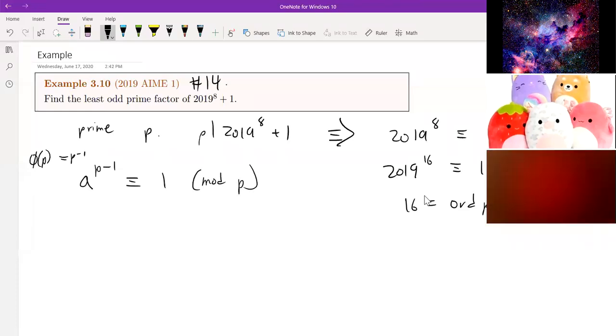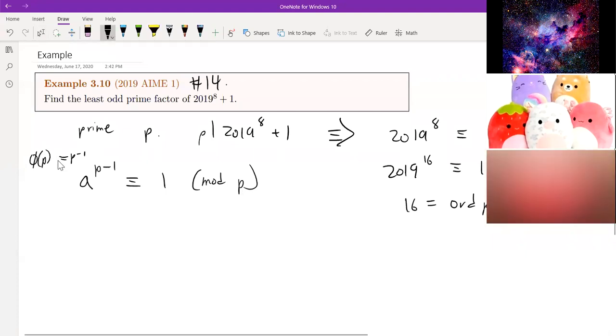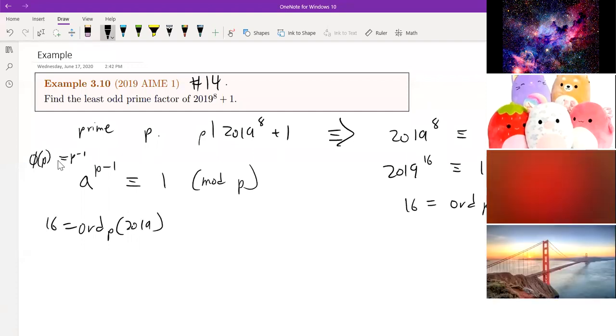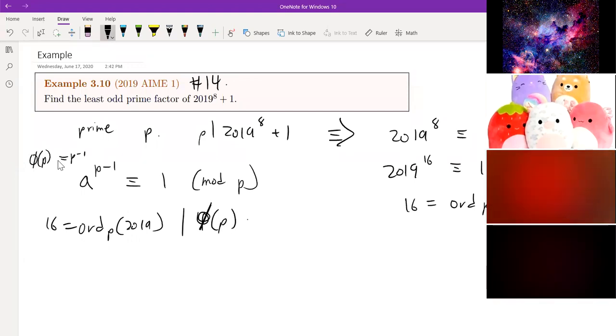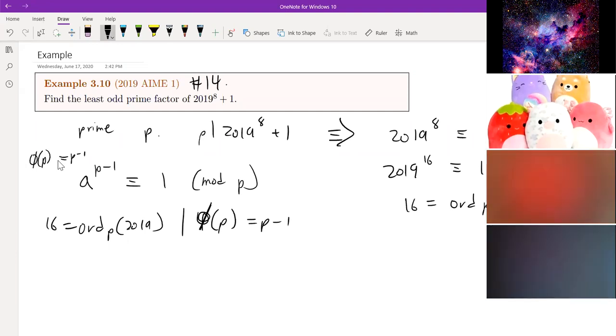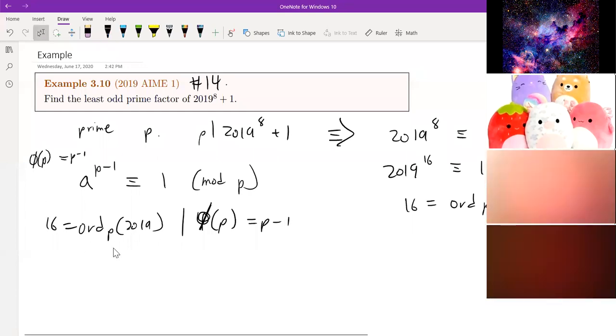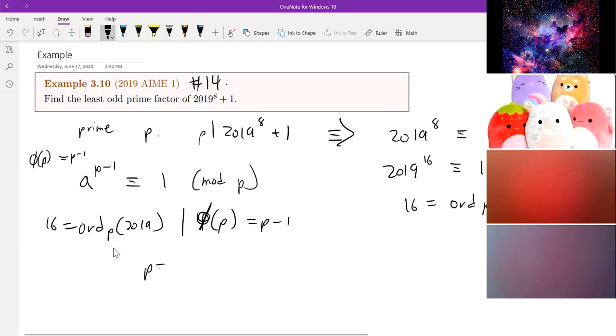And because of our theorem we just proved, where order divides phi, we know that the order of p of 2019, which is equal to 16, should divide phi of p, which is going to be equal to p minus 1. So we should look at primes where p minus 1 is divisible by 16. So the first one that's obvious is p equals 17.